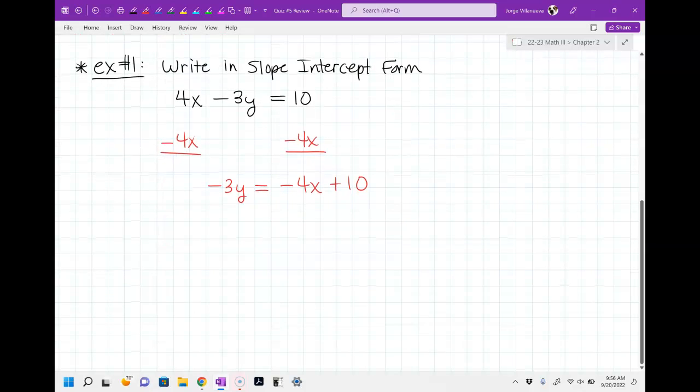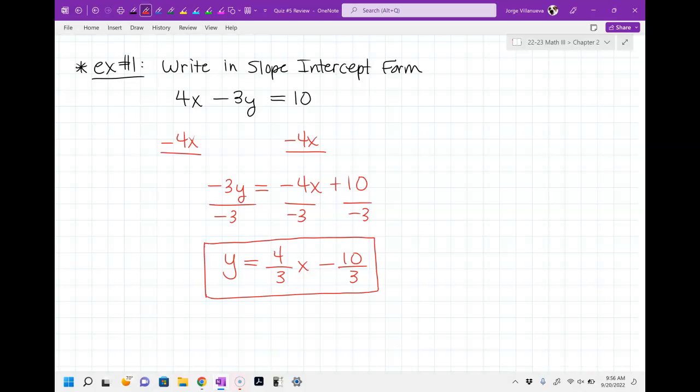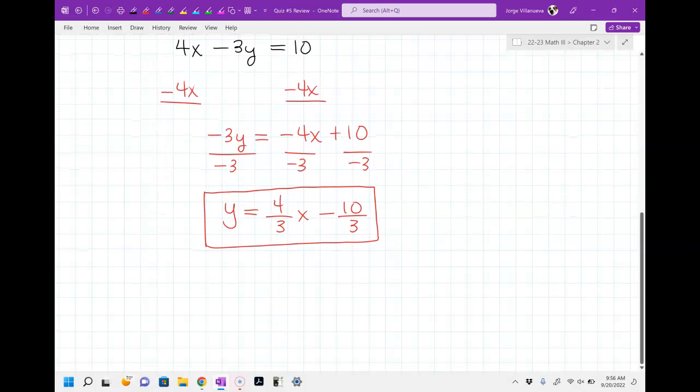All right, well, I still haven't solved for y, which means I still have to divide by negative 3. Dividing everything by negative 3 is going to give me y equals 4/3 x minus 10/3. And this is the answer they're going to be looking for on the test, something like that. Okay, so you're just solving for y.